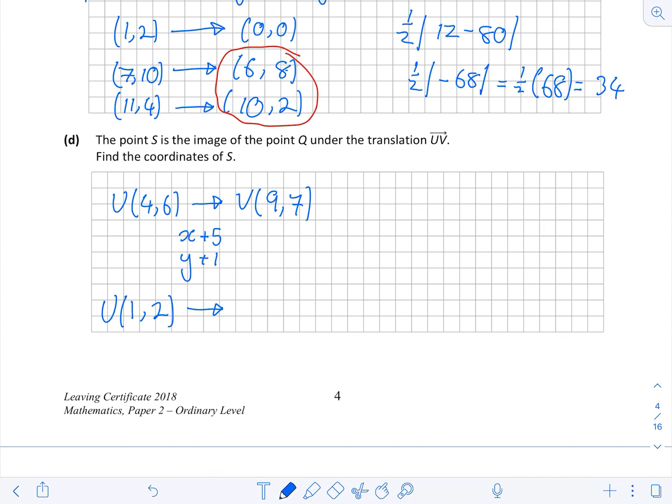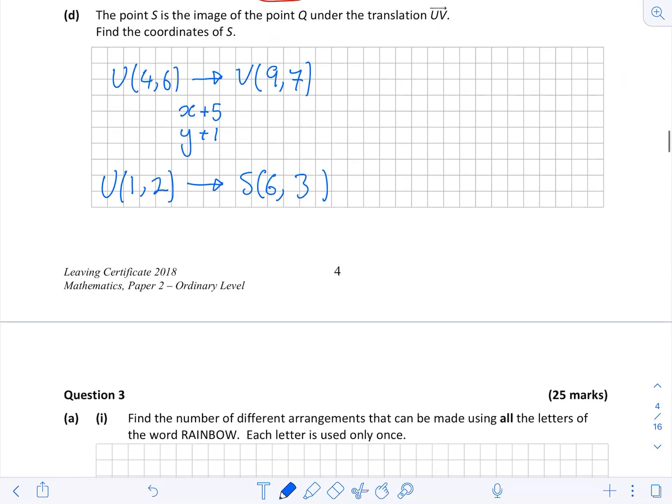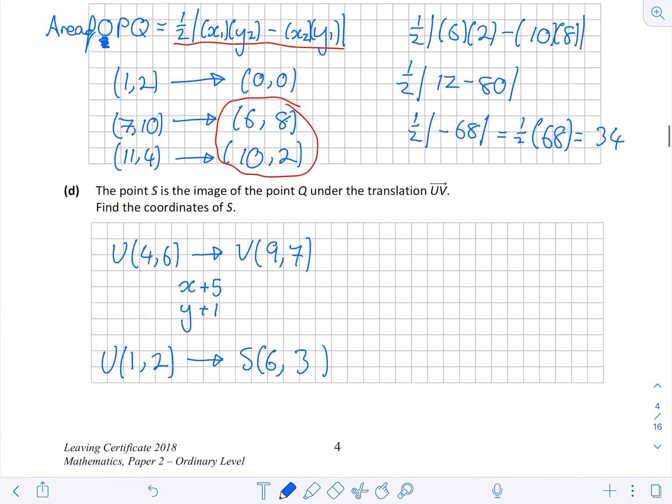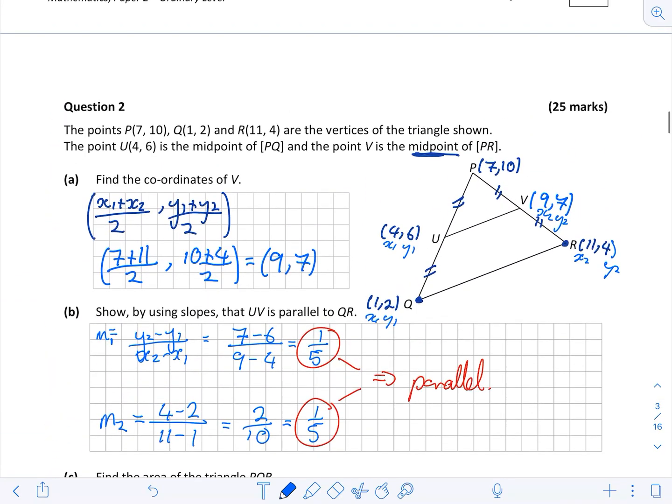So let's see where that gets us to. So we increase the x by 5, so that goes to S, and that's going to be 6, and that's going to be 3. So that's question 2 answered. Very, very simple, straightforward question.